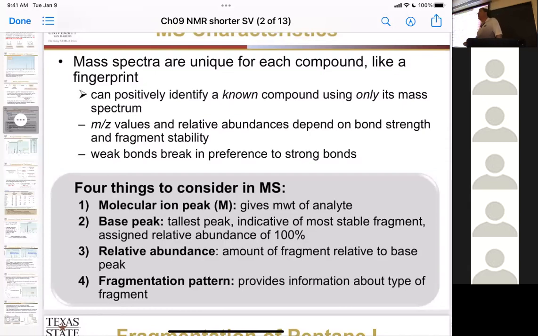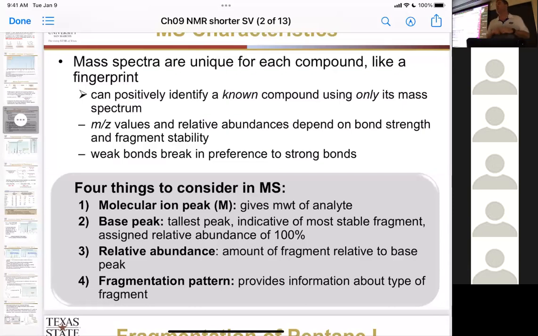Then the next most important thing is being able to identify your base peak. Your base peak is the biggest peak and is going to be the most stable fragment because it's the most abundant we found. The relative abundance of each thing: when you look at your different peaks, they're all scaled to that base peak. The base peak is always 100 and everything else is a percentage of that base peak, so it's going to be smaller.